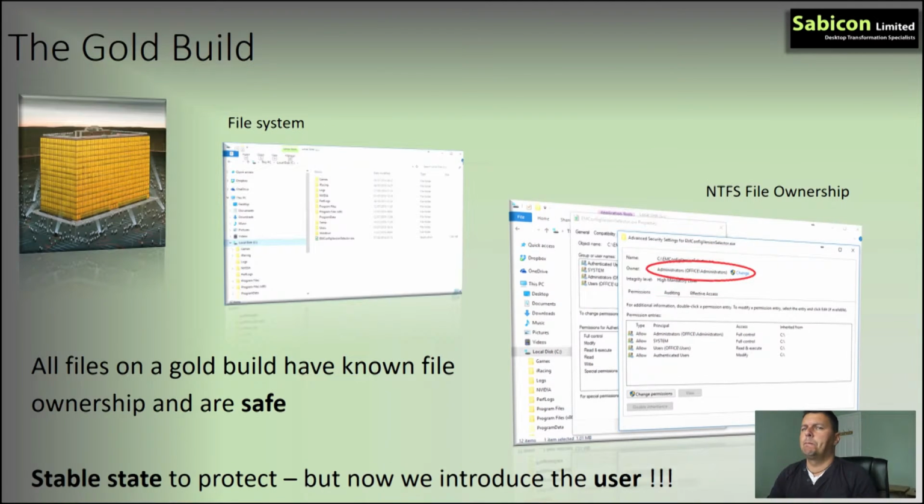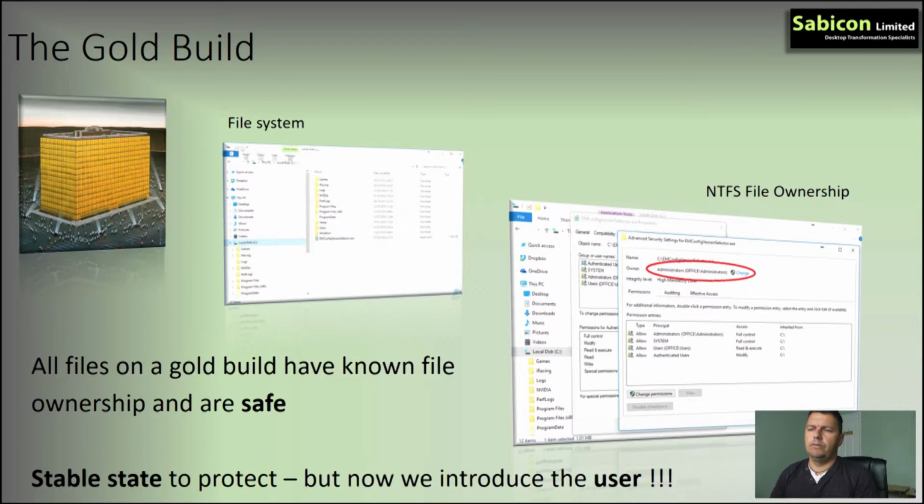So how does it work? Well, quite simply, we have a gold build. Remember, we're not talking home users here, we're talking IT infrastructure in your business. So we have a gold build, built centrally by, let's say, yourselves. And on all Windows operating systems, there is the file system NTFS. Every single file on that gold build, under NTFS file ownership, will belong to the person that built that gold build, or a group of users, a finite group of users.